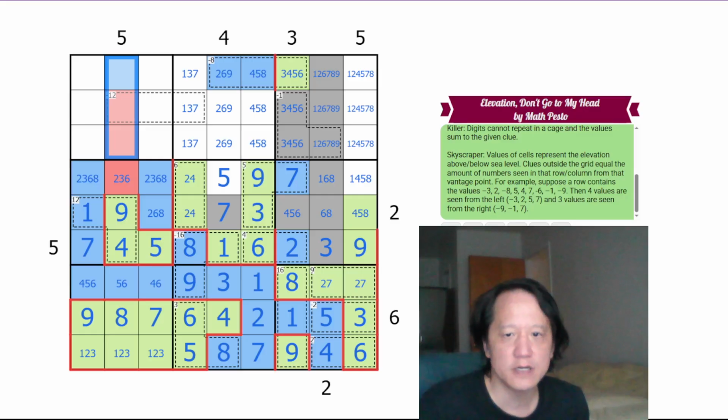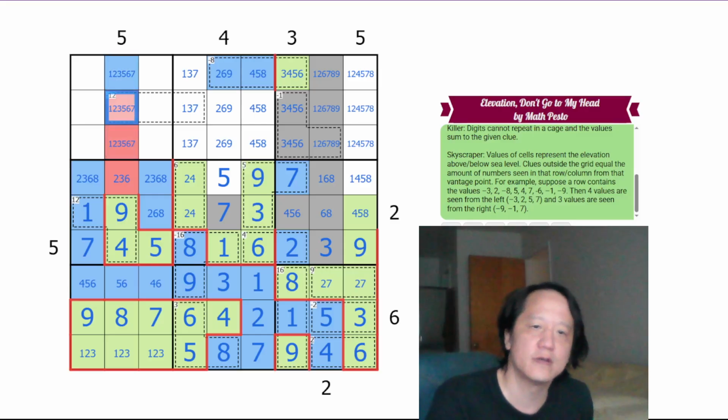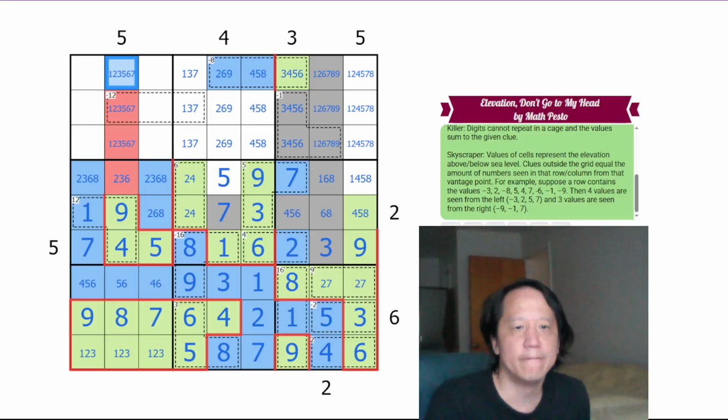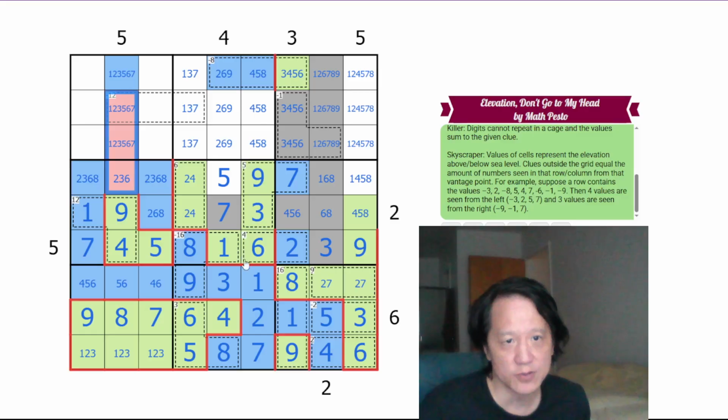Remaining digits in column 2: 1, 2, 3, 5, 6, 7. Okay. It could technically be -1, and then these are all positive. That is possible. So it does not see any of these. So this is land.